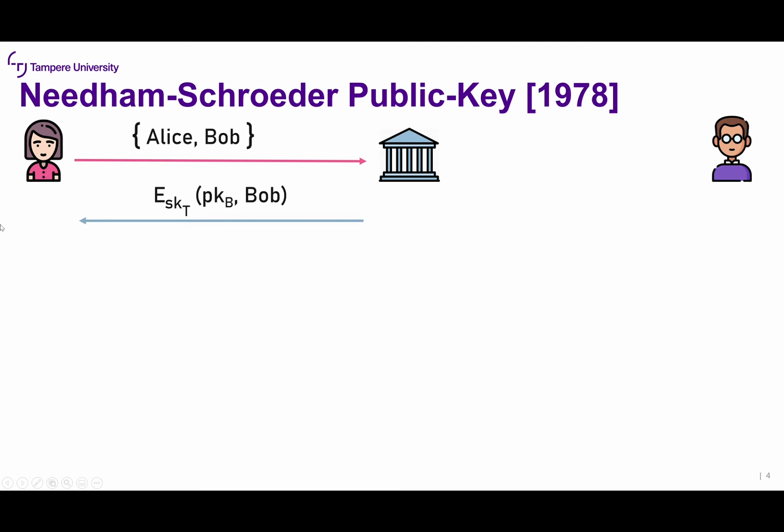Right, so now that you've got Bob's public key, what would you do? I mean, now you can obviously contact Bob directly, and you know his public key, so basically you would encrypt the message using Bob's public key, probably. So what would you do there?